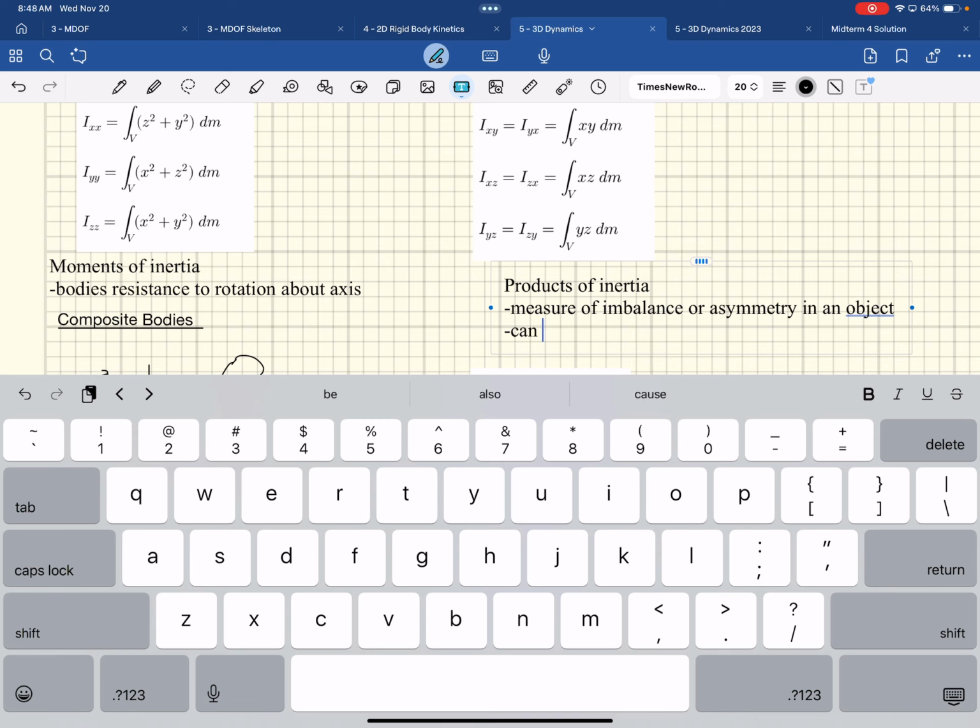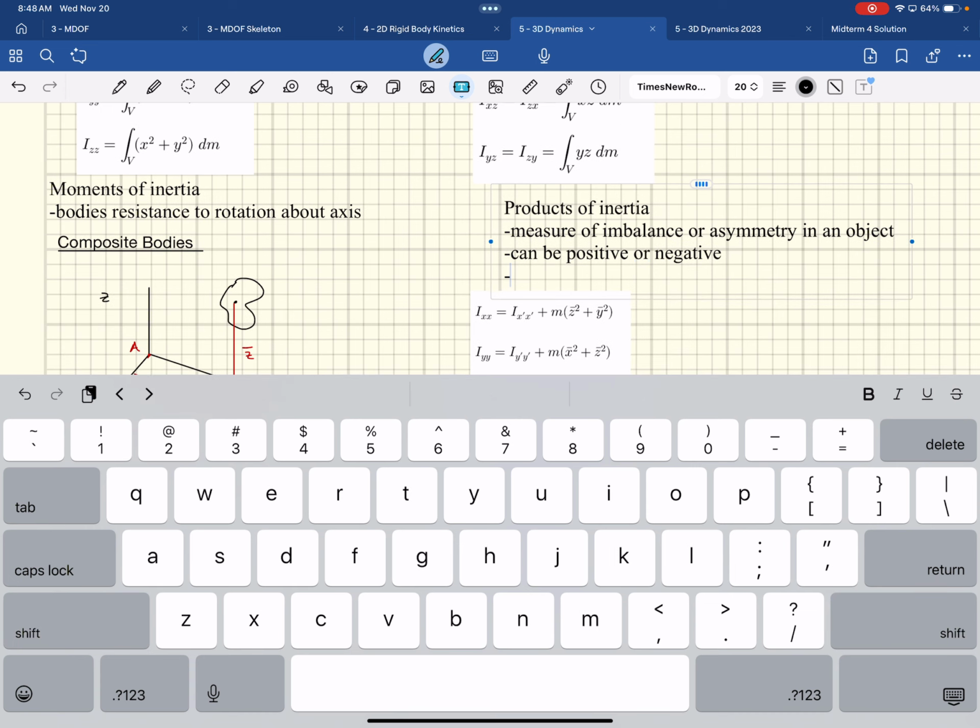This can be positive or negative. Right, the actual value. When it goes in there, it's the negative of the actual value, but they can be positive or negative. And since they're on the off diagonal, they couple motion about one axis with momentum about another.